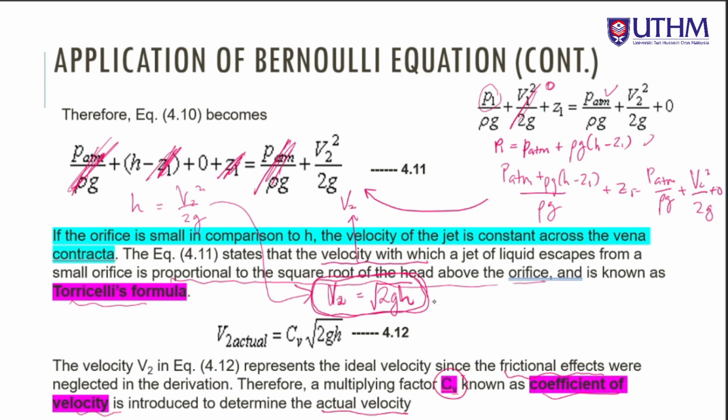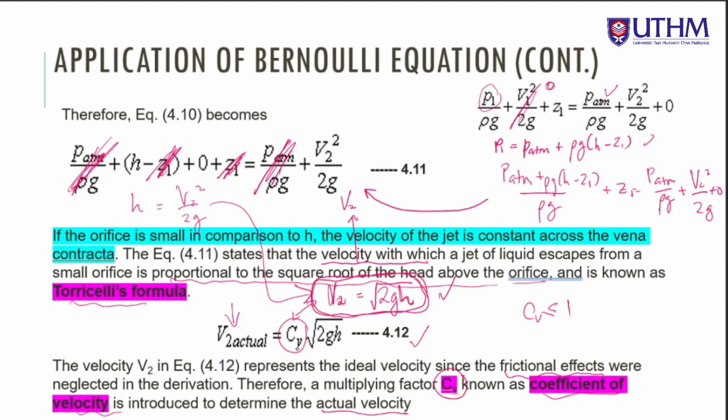So this one earlier is the ideal velocity, but this one is the actual velocity. If we think logically, we add this to reduce the value of V, because the value of the coefficient is 1 and below.